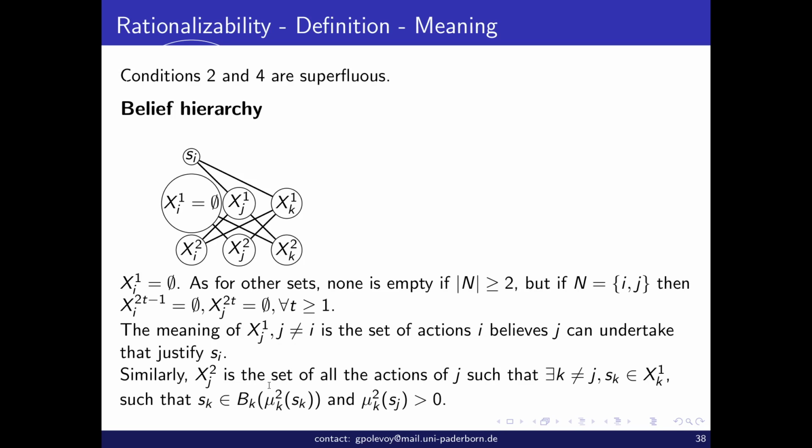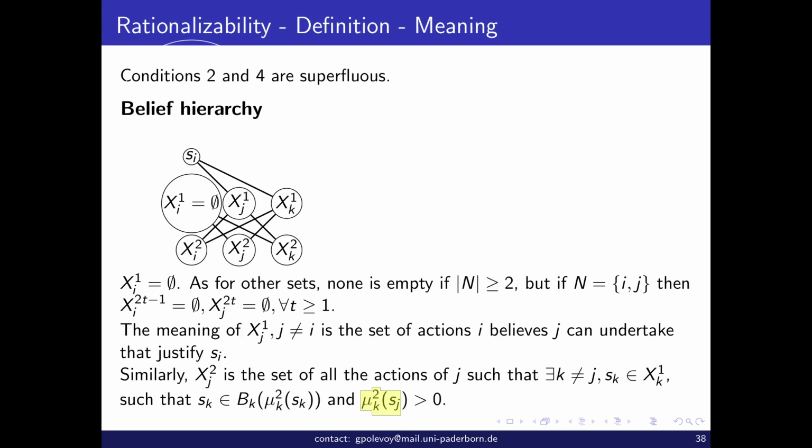And the next level, x_2,j, is a set of actions of j such that other players than j, k, are playing some s_k, which we needed originally for justifying s_i. Now s_k is justified by a distribution mu_2,k, and if there is an s_j which gets a positive probability according to the distribution, which is in the support, so to speak, then this s_j needs to belong to x_2,j. So we see whom we need to justify.